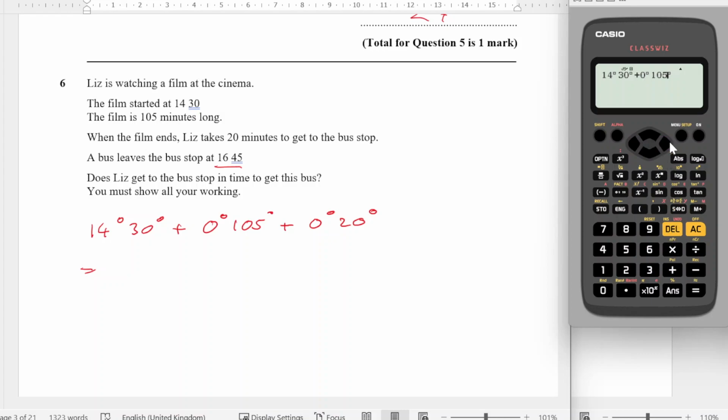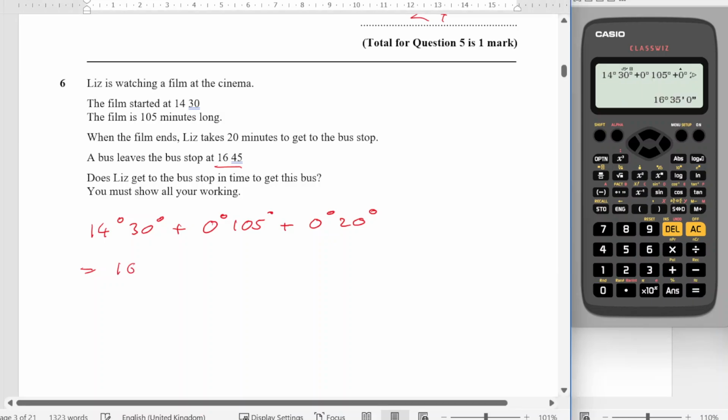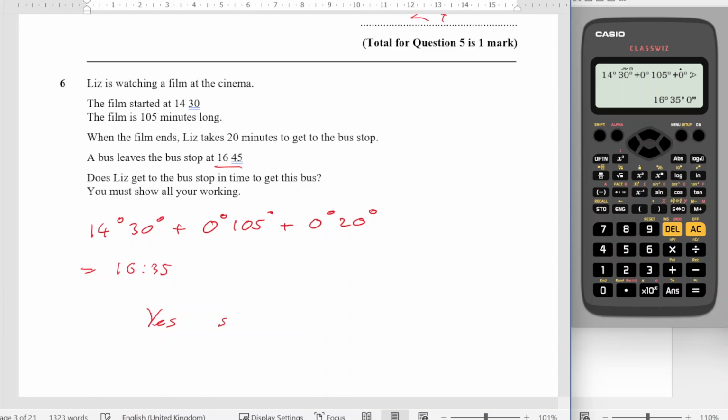And to that, I want to add on 0 hours and 20 minutes. And then my calculator will automatically work out the time that she will finish: 16:35. So does she get to the bus stop on time? Yes, she would be 10 minutes early.